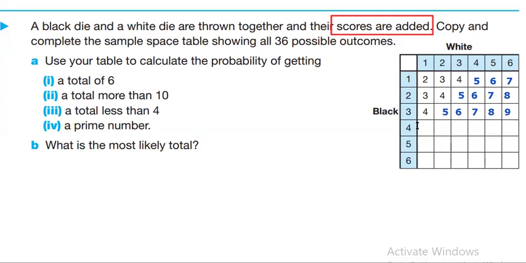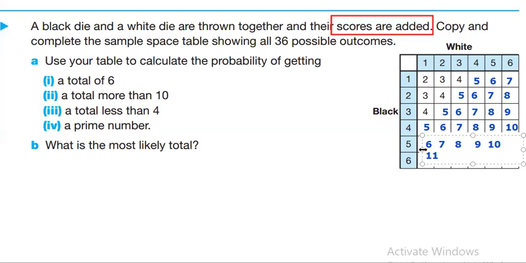Here, 4 plus 1 is going to be 5, and then 6, and then 7. 4 plus 4, 8. 4 plus 5, 9. 4 plus 6, 10. And then here, 5 plus 1 is a 6, and then 7, 8, 9, 10, and 11.